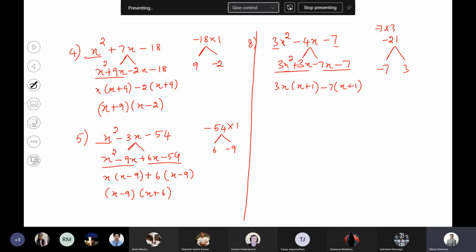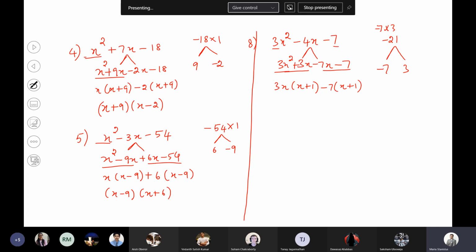That's what I was explaining. The product is always the coefficient of the leading term with the constant term. In the previous questions, the coefficients were 1. That's why we ignored that part. We didn't multiply. Even if we multiply, you will still get the same. The product is always the coefficient of the first term and the constant term.